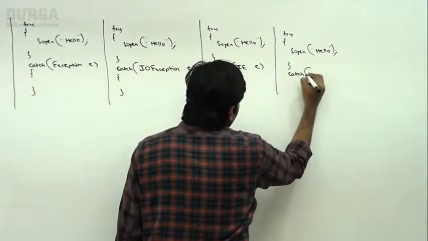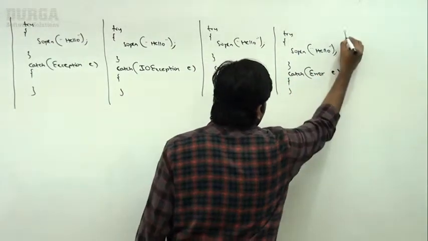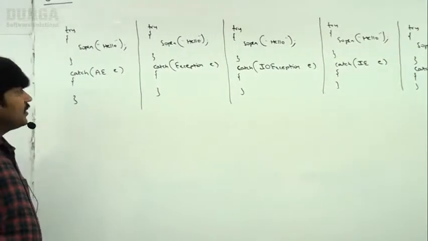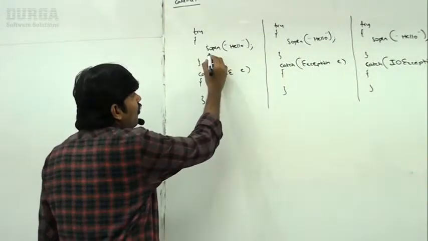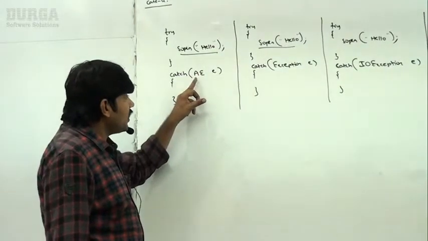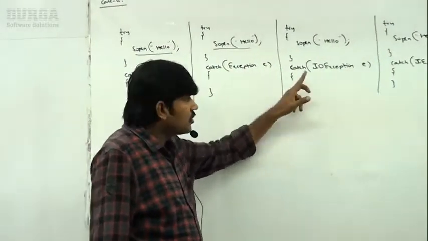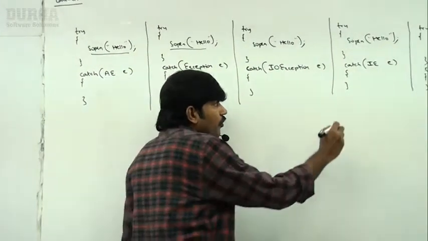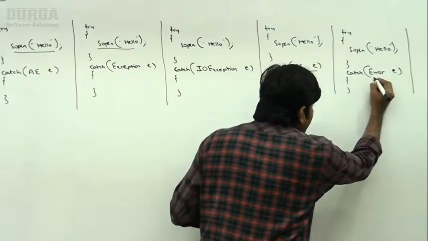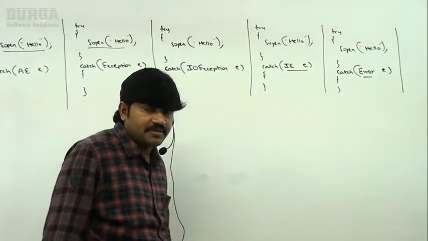Catch block I'm taking Error, like this, sir. Observe that in the try block it is simple hello, SOP of hello. But first time ArithmeticException, second time Exception, third time IOException, fourth time InterruptedException, fifth time Error. Are you getting it?